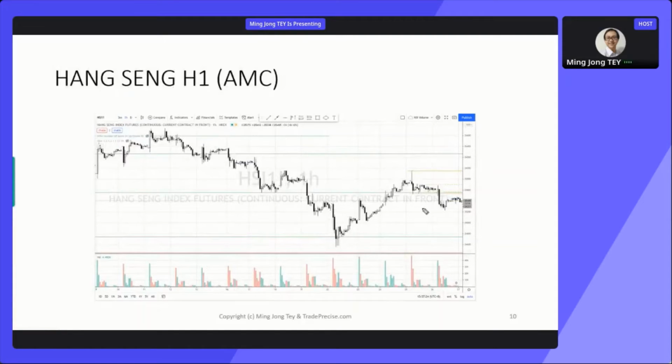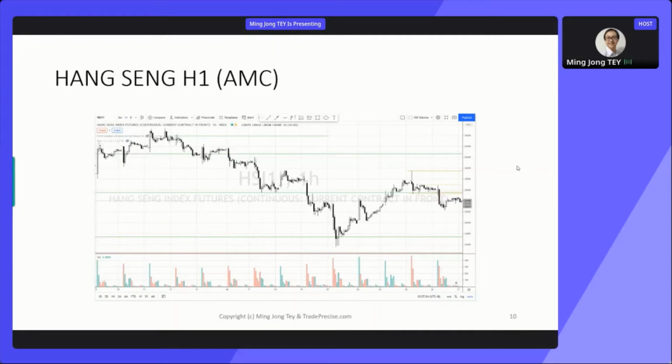Because I drew these two lines, my plan was to trade based on a spring type of setup. In the first hour, you can see there is sort of a spring, but there is no follow through to the upside. Instead, in the second hour, it just fell through. So it's kind of bearish.